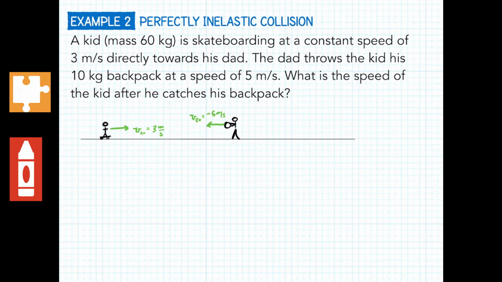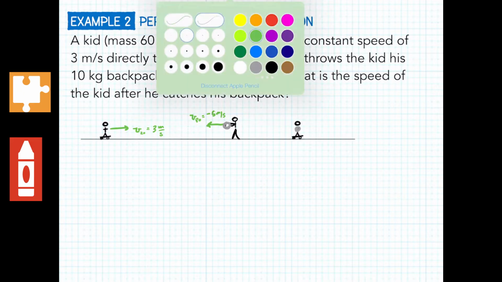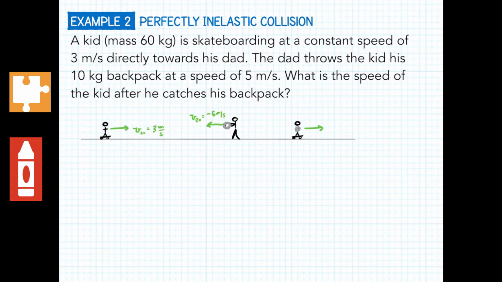And then at some later time, we've got the kid wearing the backpack. I'll make the backpack gray. And still moving in this direction with some speed, which is probably smaller.